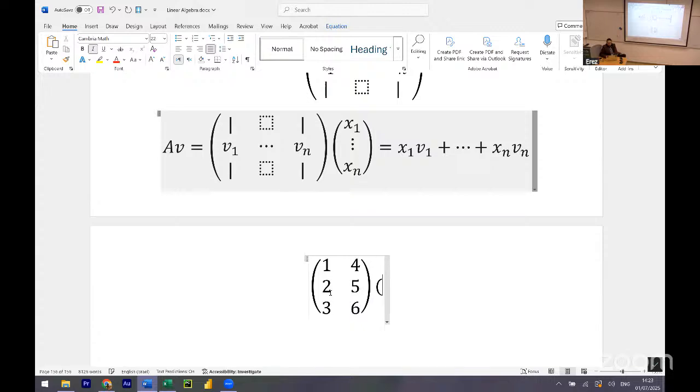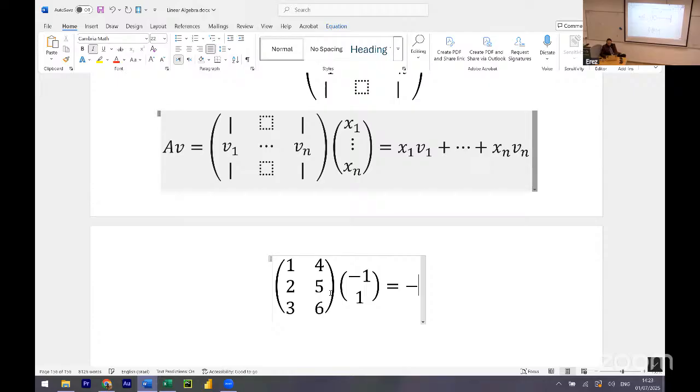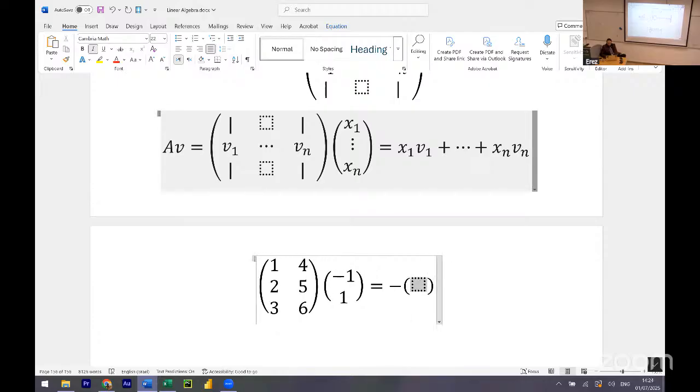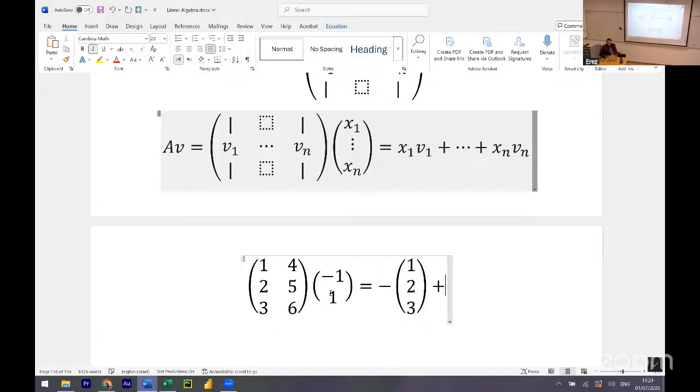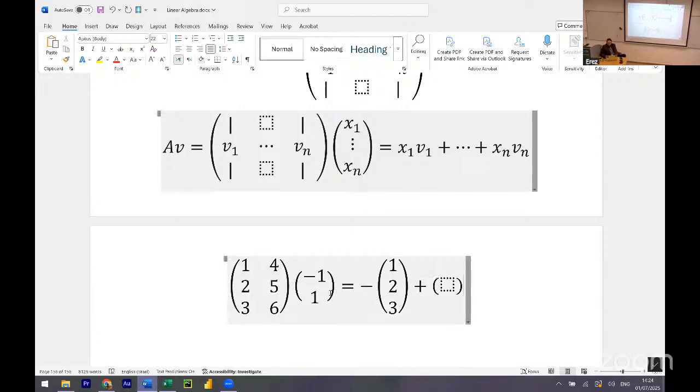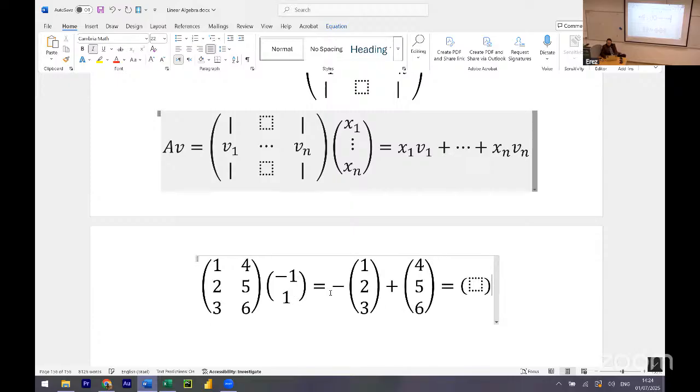If we multiply it by (-1, 1), then it's minus 1 times the first column plus 1 times the second column, which is 3, 3, 3.